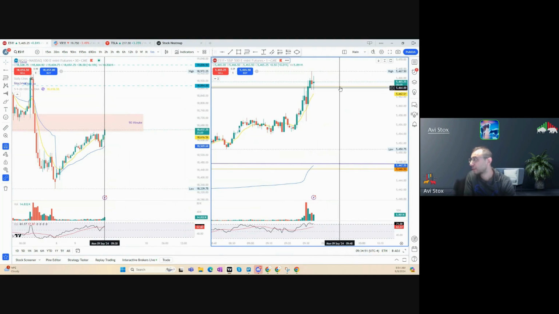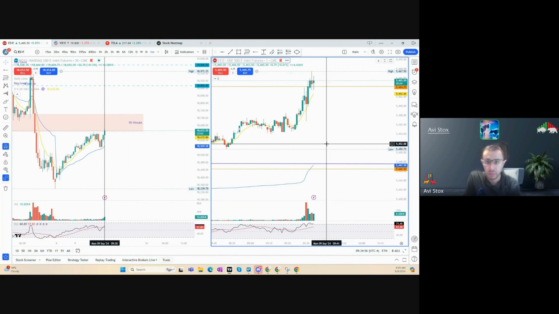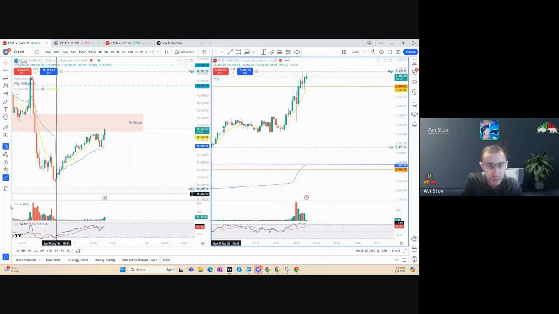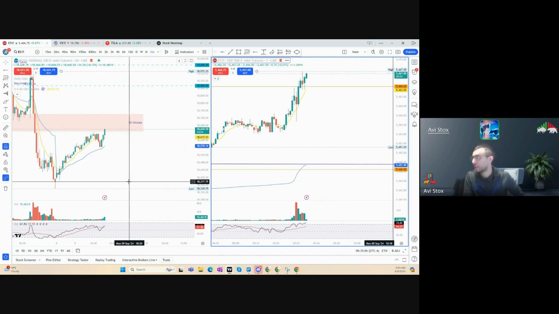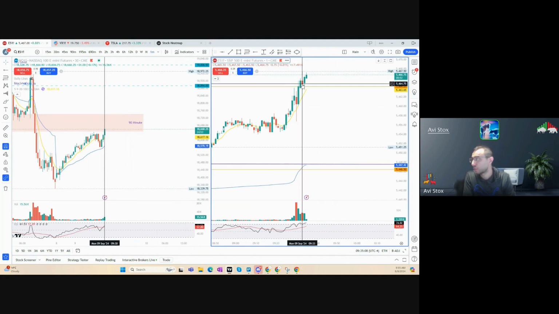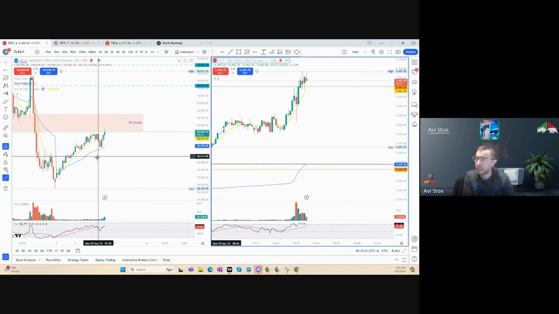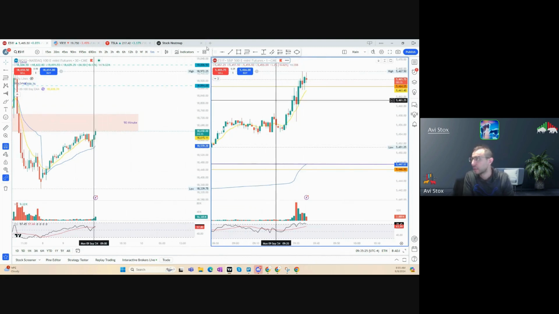Only thing is, if I enter, where will I put my stop loss? Right? We have a very big sell order that happened in the first 2 minutes, which was right here. So maybe potentially we will see a massive drop. I need here to have the confirmation of my 9-day and the ES and VWAP.